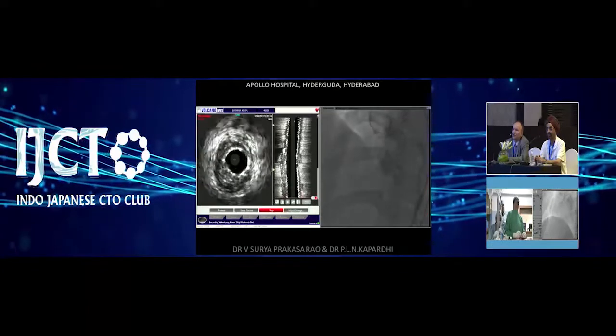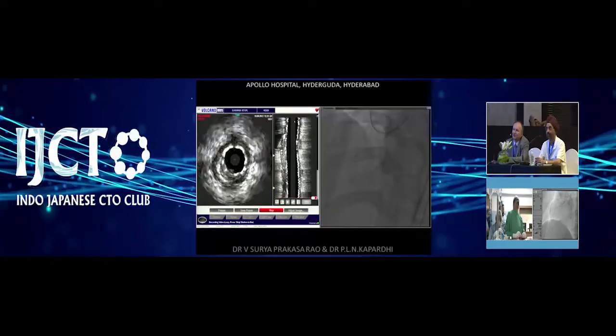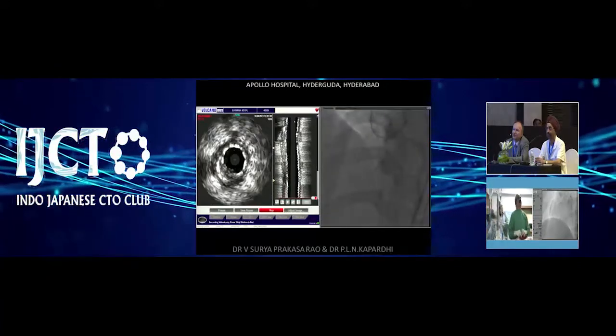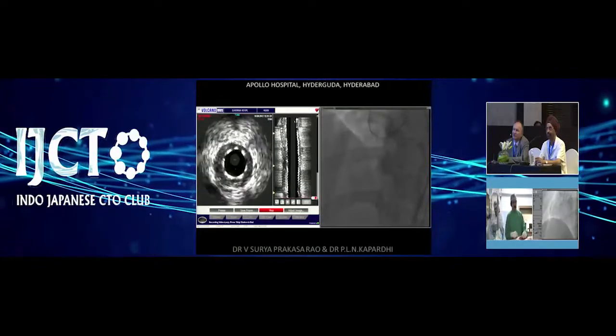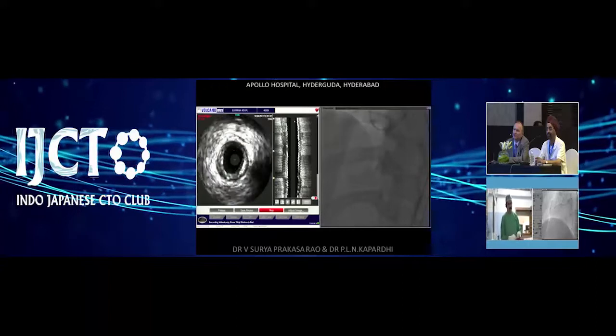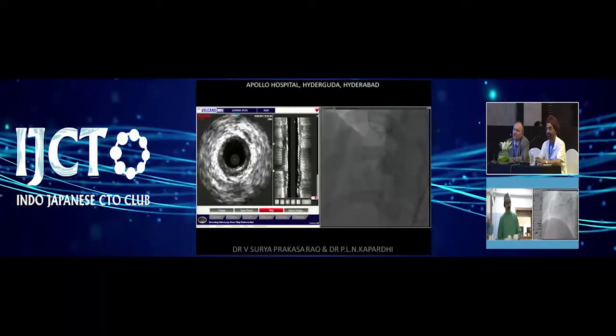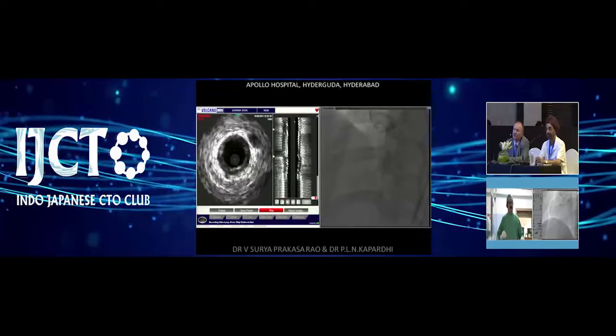So here it needs a little bit more expansion, huh? Vessel is big. Yeah, under-expanded. Some post-dilatation with a non-compliant balloon, even 4.0. 3.5. The proximal is not much. Yeah. See there.